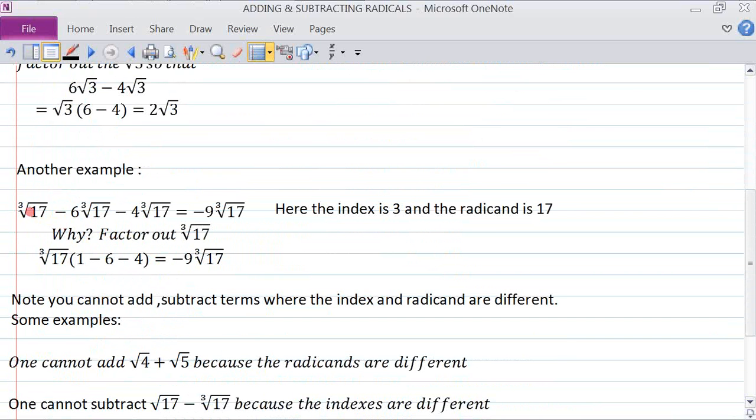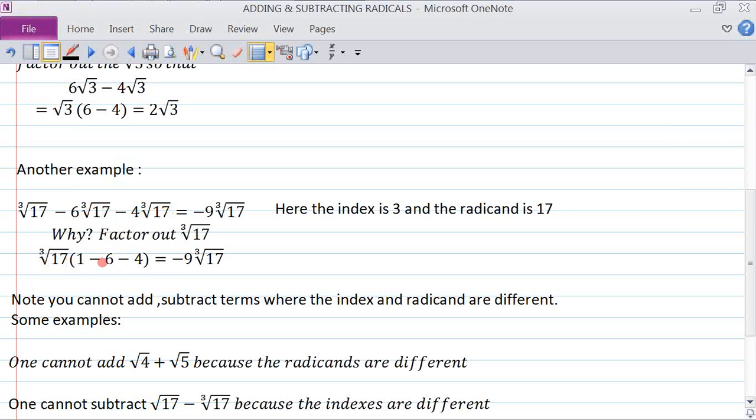Now, here you have the same index. You have the cube root of 17 minus 6 cube root of 17 minus 4 cube root of 17 equals this, y. Okay, we factor out the cube root of 17 by the distributive rule. 1 times this gives me this, minus 6 times this gives me that, and minus 4 times this gives me that.